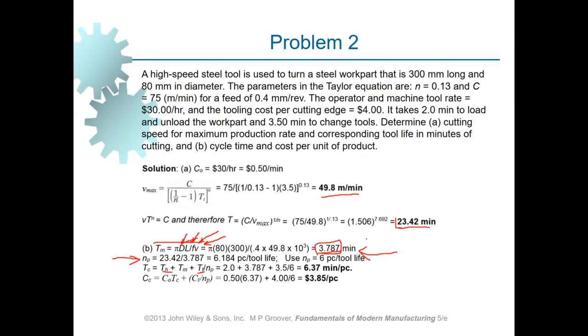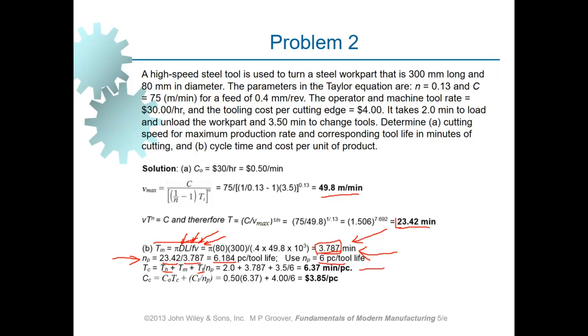So if we divide this value by this, then it gives us the value of NP, and that's what we do. We divide 23.42, which is tool life, by the time that it takes to machine one part. It is making us able to produce 6.184 pieces by making use of each cutting tool, that is considered as NP. We can round it down to 6. So we round it down to 6. Each cutting tool can machine 6 work pieces. Now we have everything at hand.